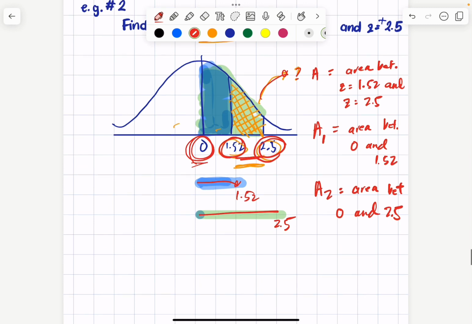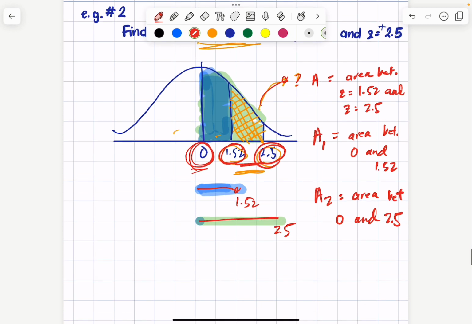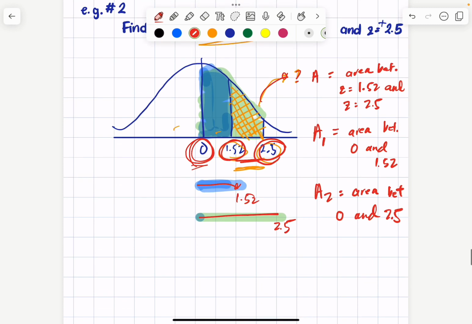So nganong kana siya, ma'am? So nganong kana is because kani nga area diri, kani nga area dinhi tanan minusan nato og area ani. So di ba kani nga area tanan is from 0 to 2.5.